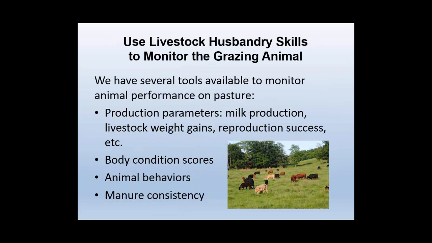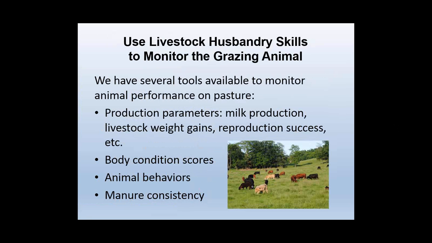There are a number of different tools that are used to monitor the grazing animal. And to be honest with you, the best tool that you have is your eyes. Frequent daily observation of how your animals are behaving, how they're performing, what they look like, their body condition score, the consistency of the manure, all of those are very, very important.